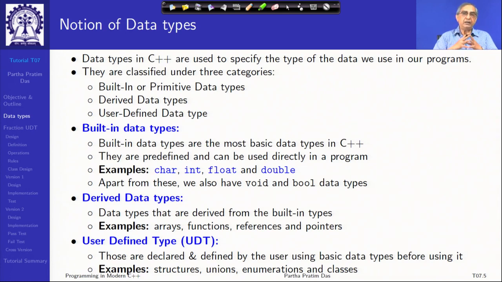User defined types are the pure addition and one of the strongest features of C++. So, in built-in types we have different kinds of char, int, float, bool, even we have void. In derived types, arrays, functions, even references we have. In user defined types, the user has the liberty to define the set of nominal values of the data type as well as its operations and its properties, axioms, so to say.